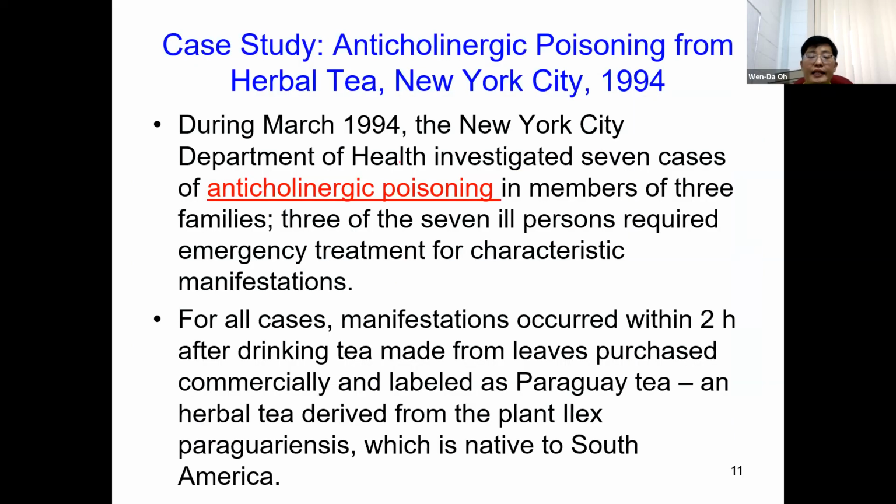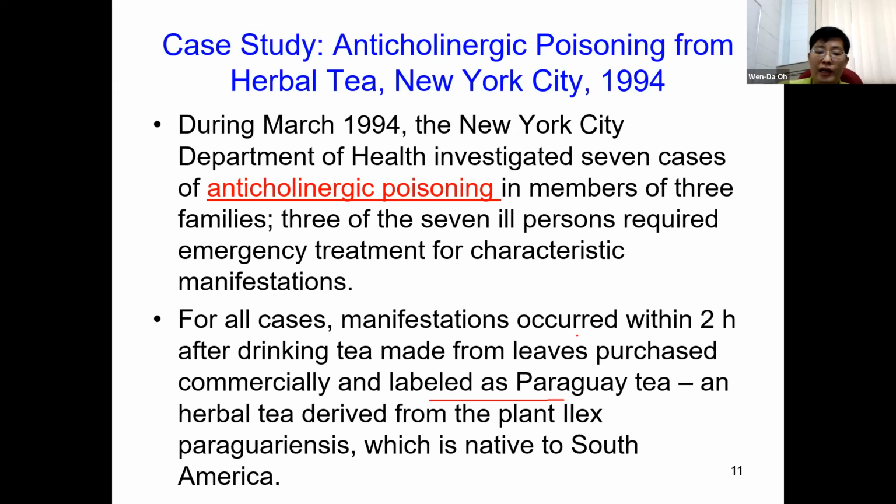So one case study related to neurotoxin is this case study in New York City, 1994, whereby in this case study, you can see that there's several people drinking tea, right? So they drink tea purchased from Paraguay. It's labeled as Paraguay tea, right? So this is purchased from South America, right?